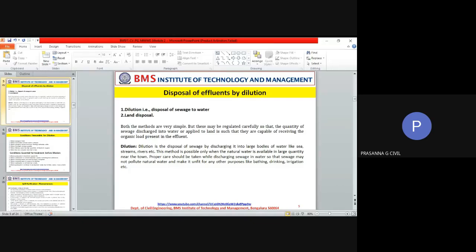When we talk about the natural methods available for disposal, we have basically only two places where this can be disposed. Either we dispose it into water, which we call dilution, or you can dispose it on land, by using it for agriculture or sewage farming or whatever it is. So these are the only two basic methods available to us.